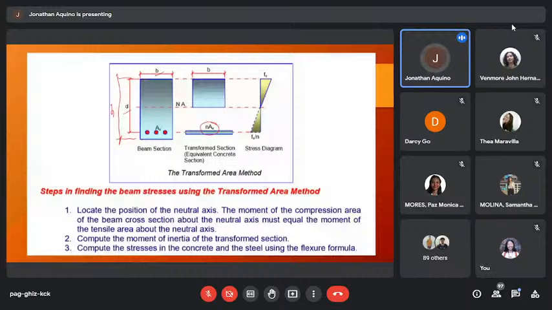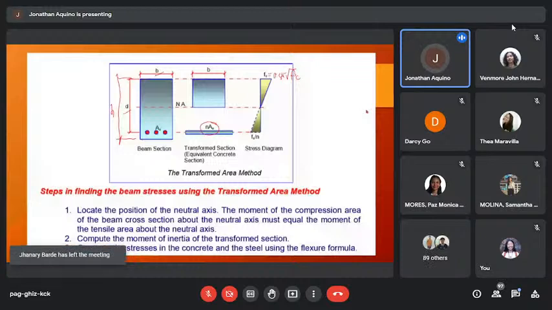And this fs, okay, so although the strain is directly proportional to stress, but considering the steel, the stress capacity of the steel is n times the capacity of concrete. So if we consider this one as fc, we just divide the allowable stress of steel fs divided by the modular ratio.